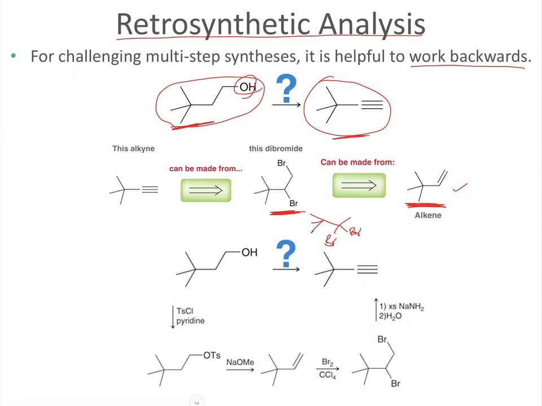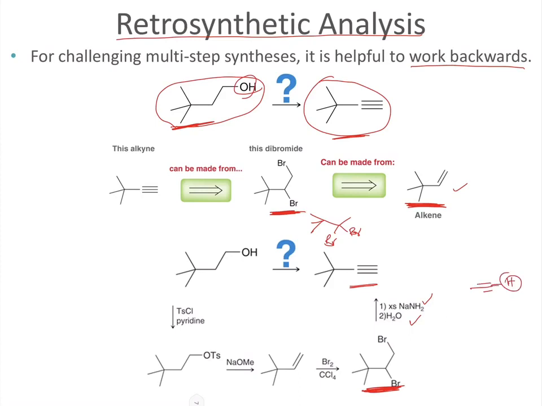So we know that we can make the alkyne from the dihalide. All we need is a base and then with water, okay? Because we said when you form this product, it's going to be a terminal alkyne.